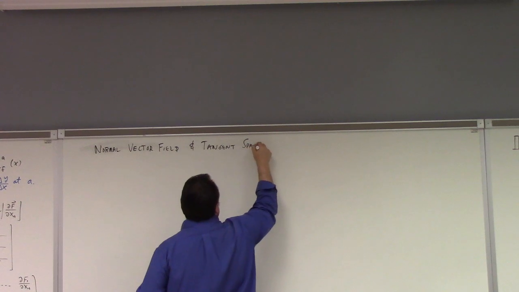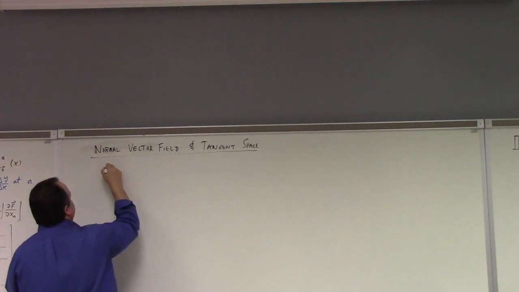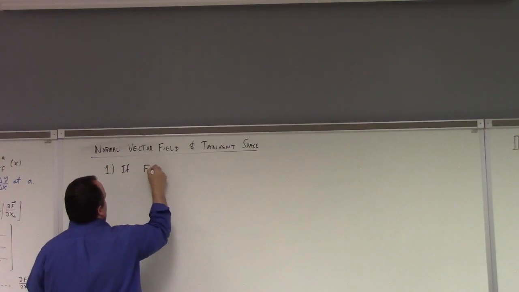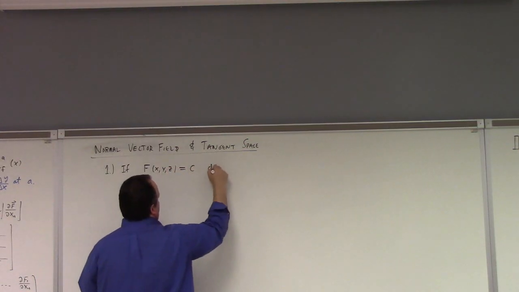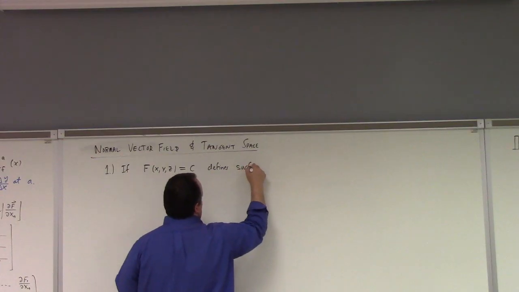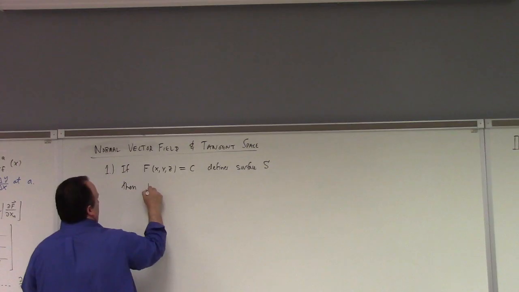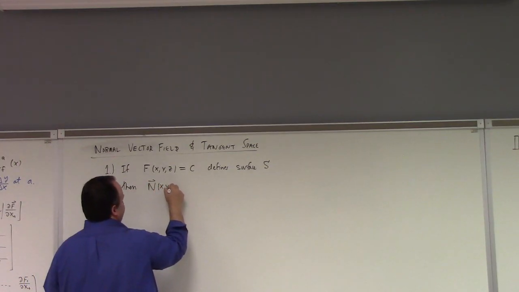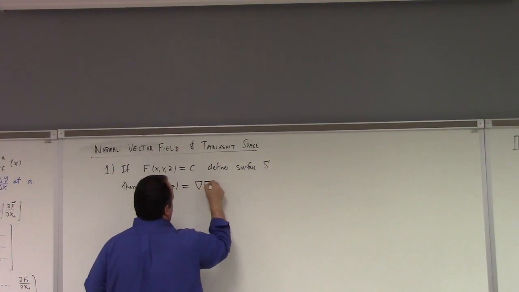Number one, if we have f of x, y, z equal to a constant, that defines a surface S, then the normal vector at such a point x, y, z is given by what? We just use the gradient of f.